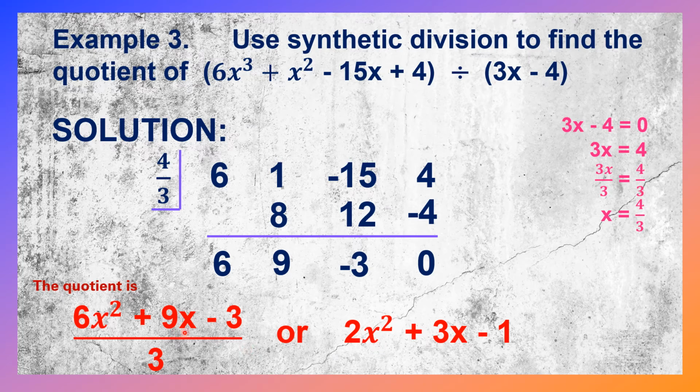Then 9x divided by 3 is positive 3x. And negative 3 divided by 3 is negative 1. So our quotient is 2x squared plus 3x minus 1.